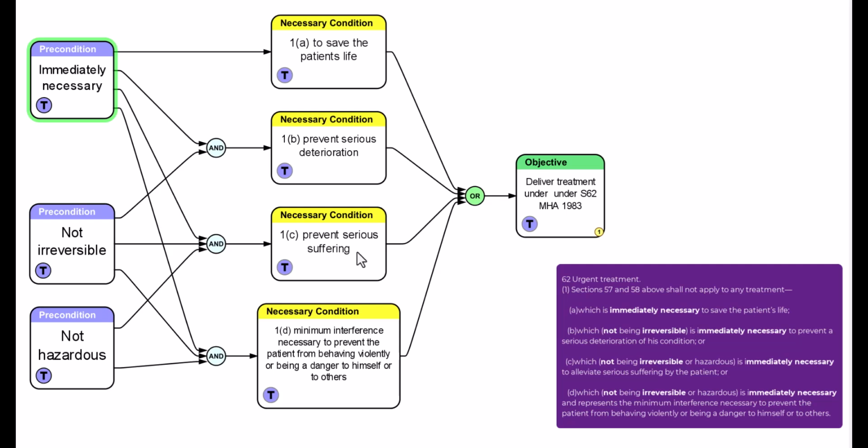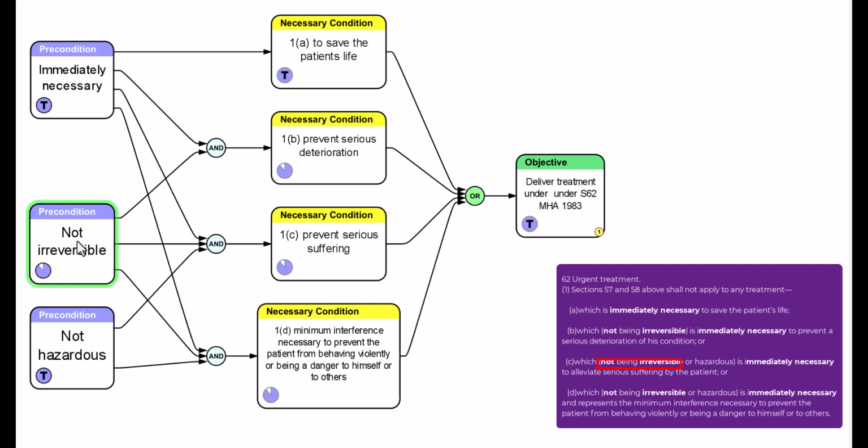Now let's see what happens if these are not satisfied. You can see that if this is not satisfied, powers are taken away from these three subsections. So it could be as immediately necessary as you wish, and the patient could be very seriously suffering.